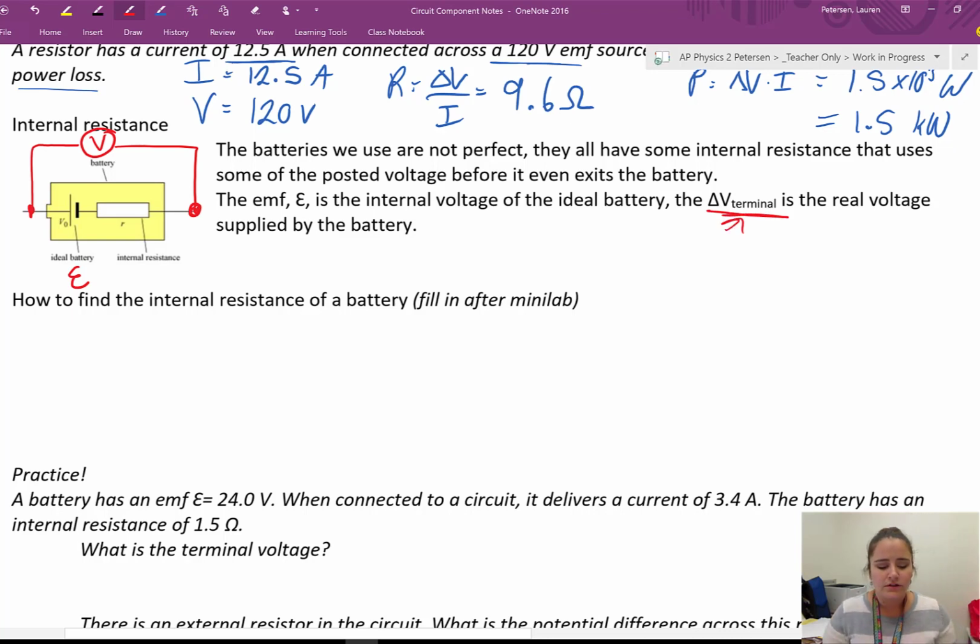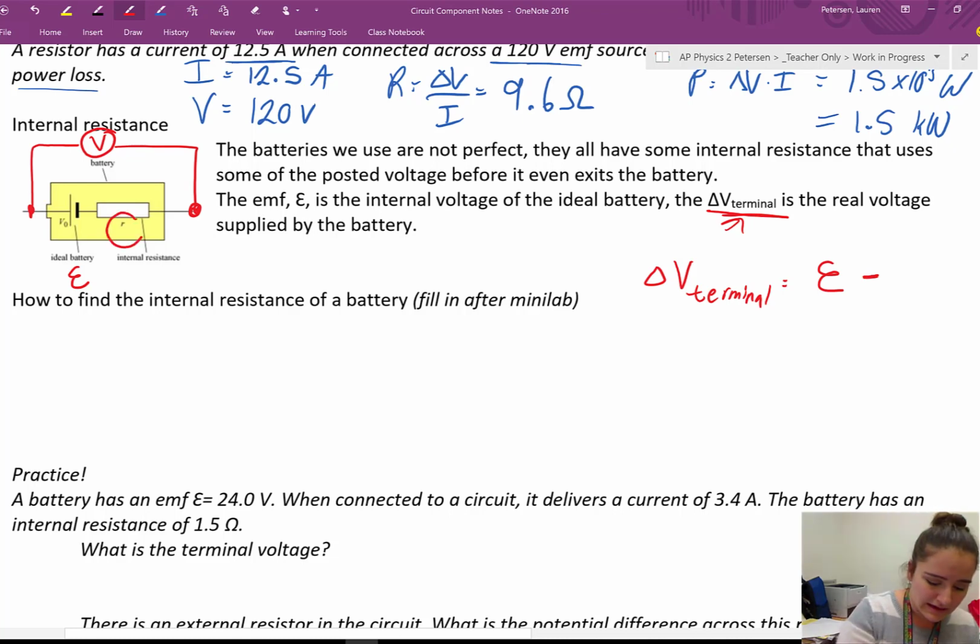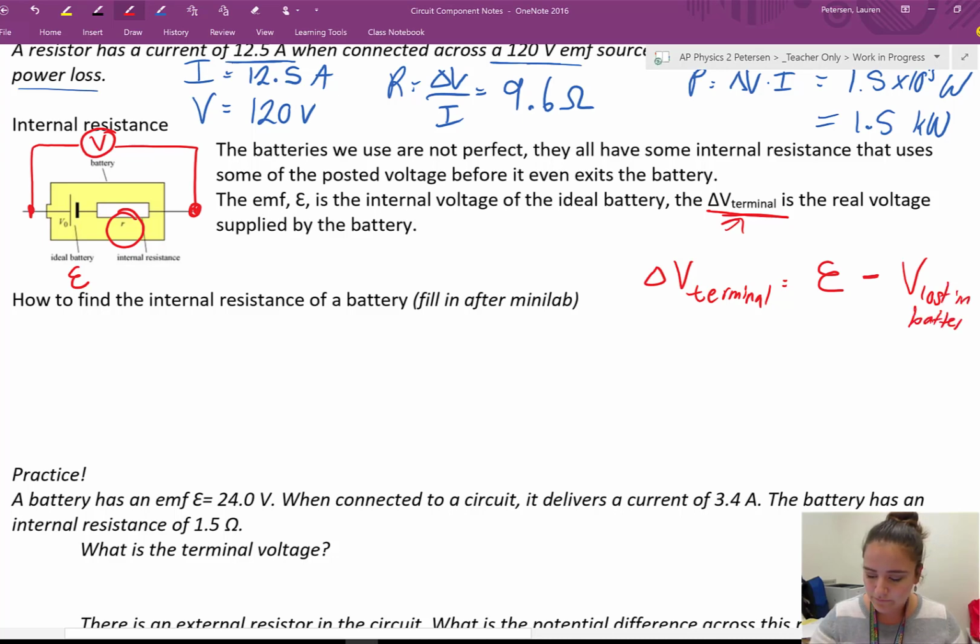So the terminal voltage equals the EMF of the battery minus the voltage that gets used up by the internal resistance. We'll just call it voltage lost in battery for now.